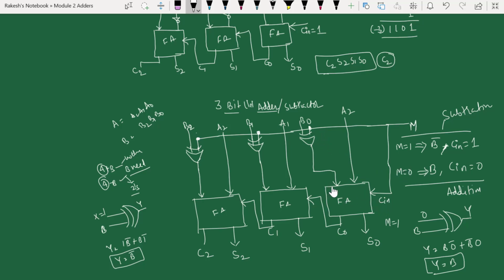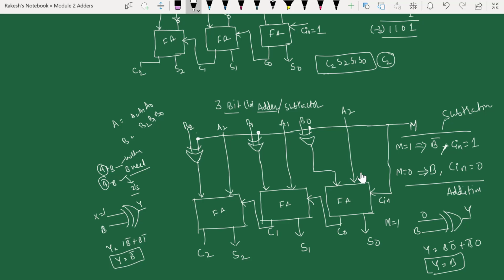It becomes a 3-bit parallel adder. Whereas when you keep M equal to 1, your b becomes b bar and you get C-in as 1. In that case, your entire circuit will act as a 3-bit parallel subtractor. This is how you can use the same circuit for addition as well as subtraction.